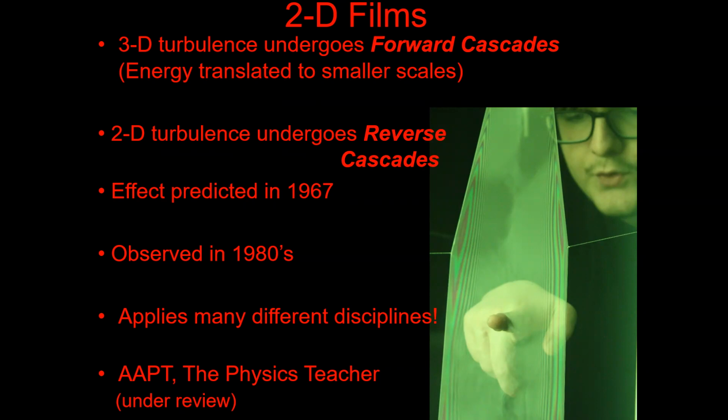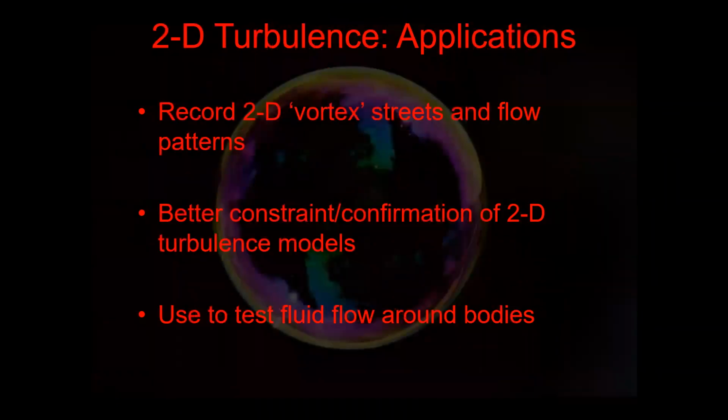As you can see here, my high school intern, Bryce King, actually has his finger in the film as an obstruction, and my student involvement is being catalogued in a paper to The Physics Teacher, which is currently under review. So in terms of applications of our 2D turbulence system, we really want to look at vortex streets and flow patterns around objects, and we want to better constrain this as a 2D mathematical model.